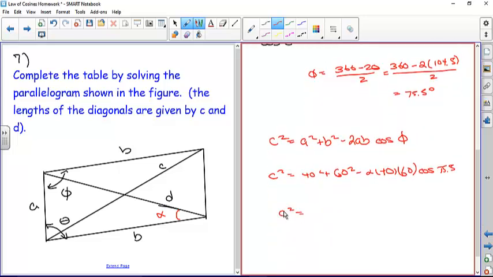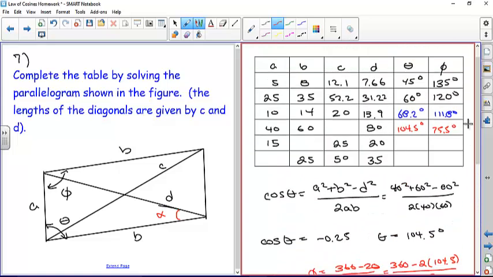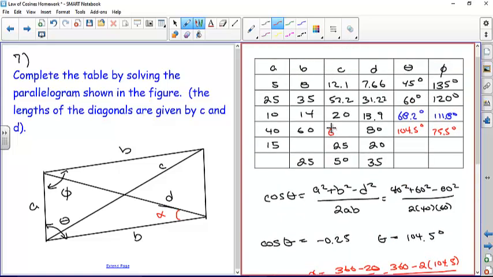You get 3998. Take the square root. You get 62.2.